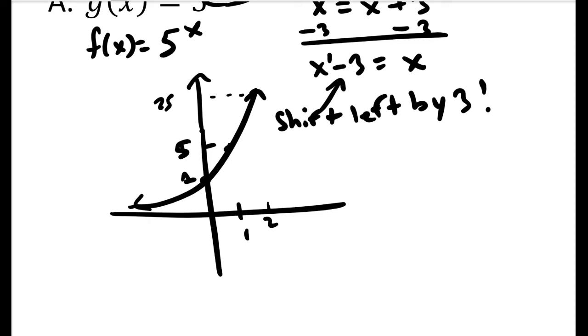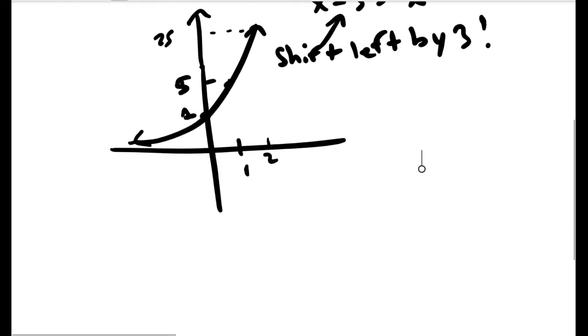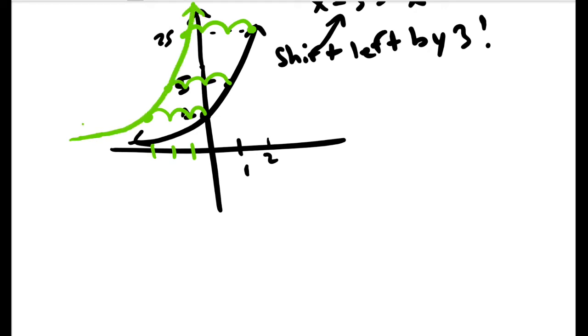And then what we're going to do is we're just going to shift that left by 3. So this 1 now will be shifted to the left by 3. So it'll be 1, 2, 3. Same deal here. And then once we shift everything by 3, we'll have something that looks like that.